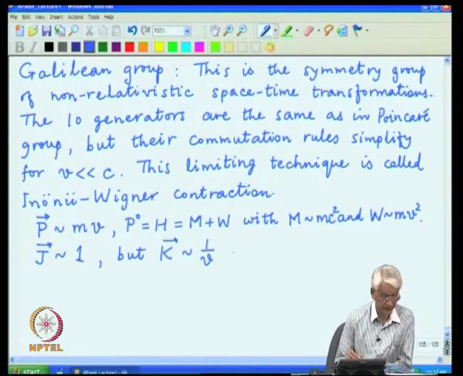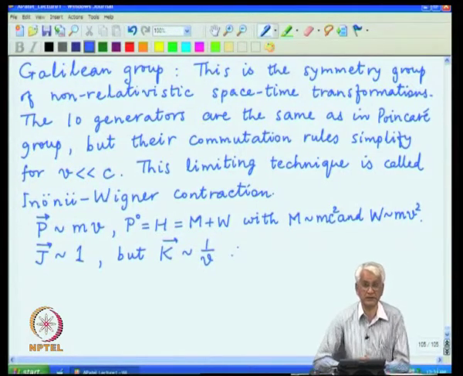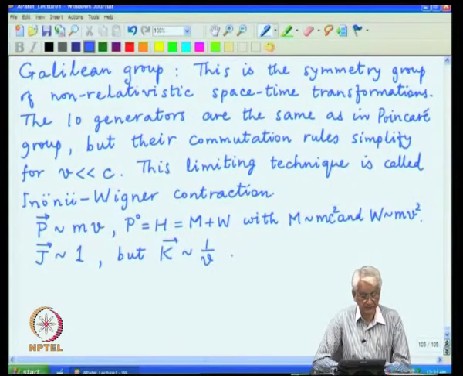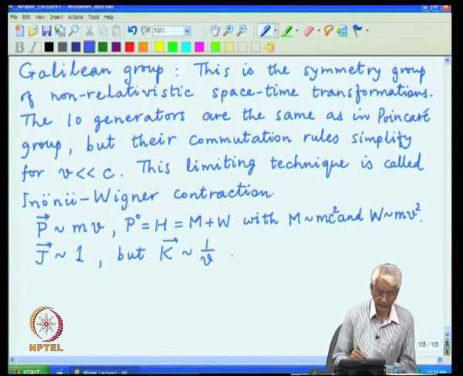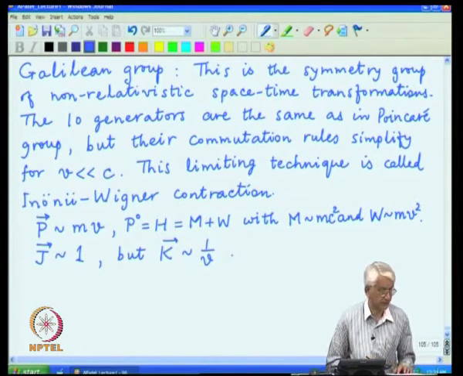It actually goes as 1 over the velocity, and this is the place which one has to pay attention to in doing the power counting and deciding what terms to drop and what terms to keep. We will clearly see where this k scaling as 1 over v comes from.